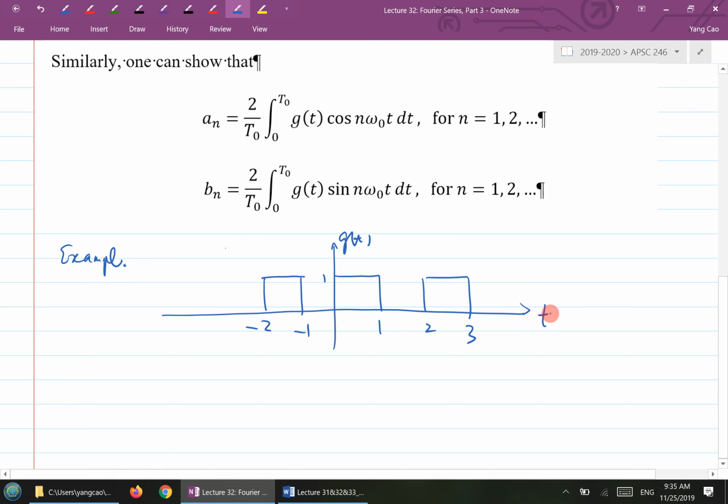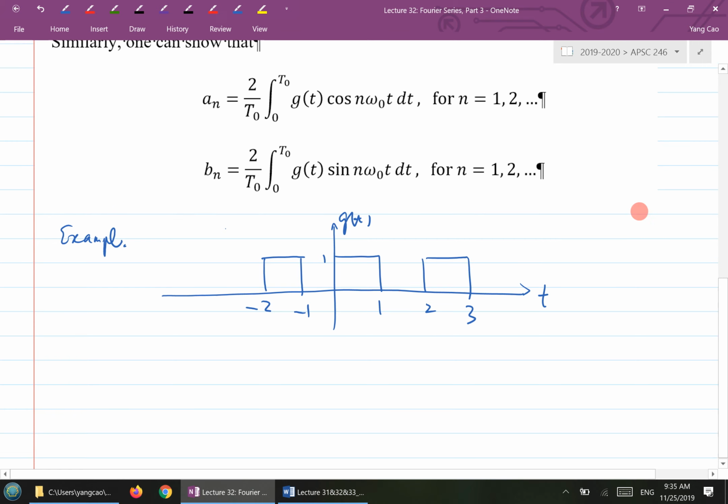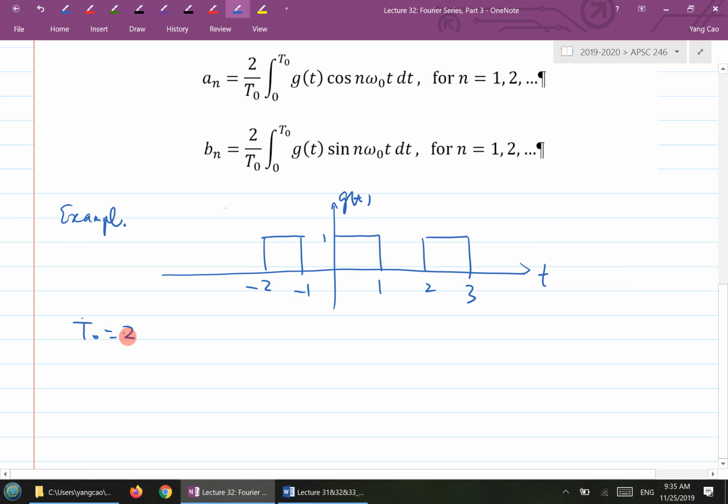So this is the periodic function we worked on in the previous lecture. The first step is to identify the period of this signal, which is quite straightforward. Wherever it starts to repeat itself, that's the period. So t naught equals 2, and omega naught is 2 pi over t naught, which is pi in this case.